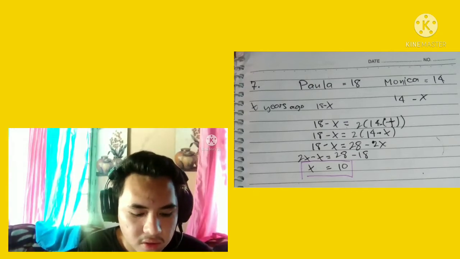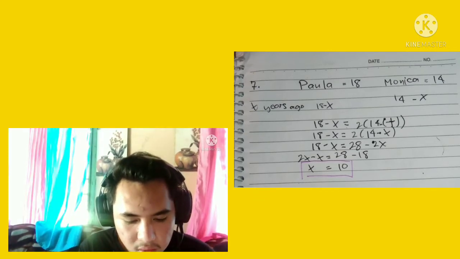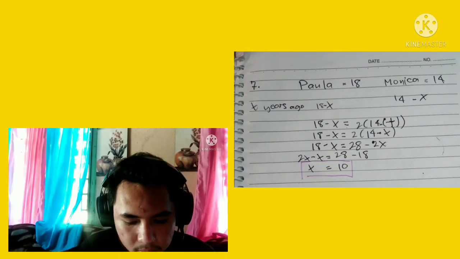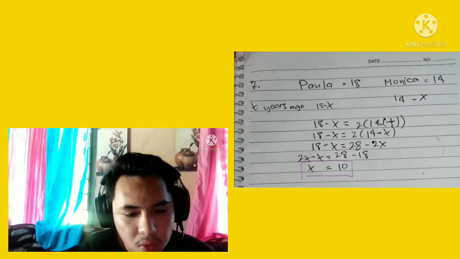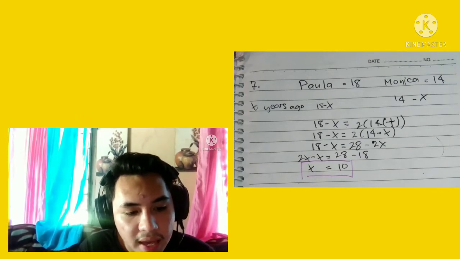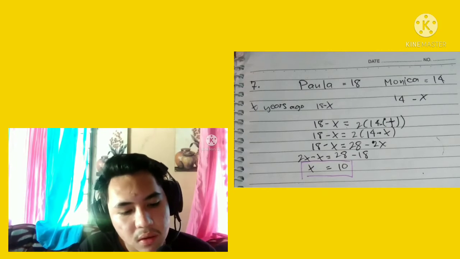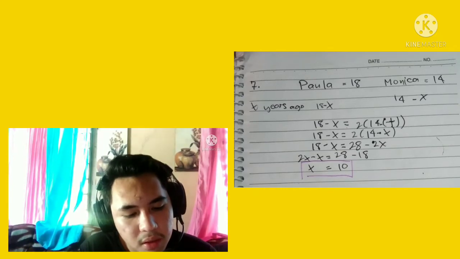So 18 minus x equals 2 times 14 minus x, because it is stated here that Paula was twice as old as Monica.